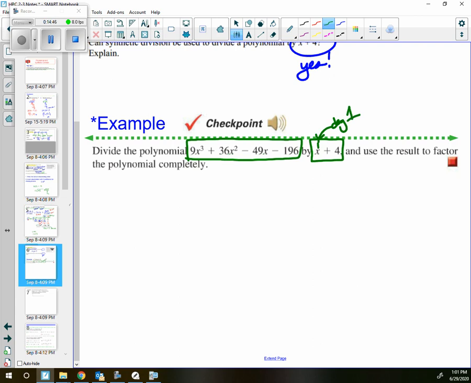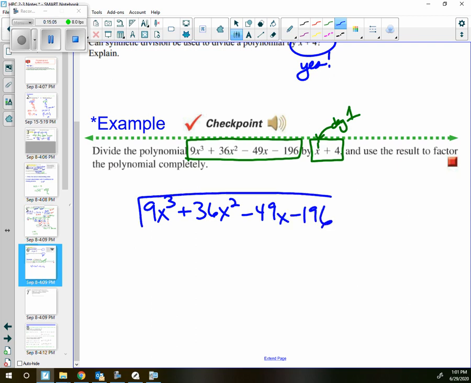I'm going to try synthetic for this one and long, just so we can compare and see what makes sense. Then we'll talk about how we would get the other factors from what's left over. We're going to start with the long division approach just to practice one more. So there's our dividend and our divisor. We can see the numbers as we go along, and then we'll practice that long division.